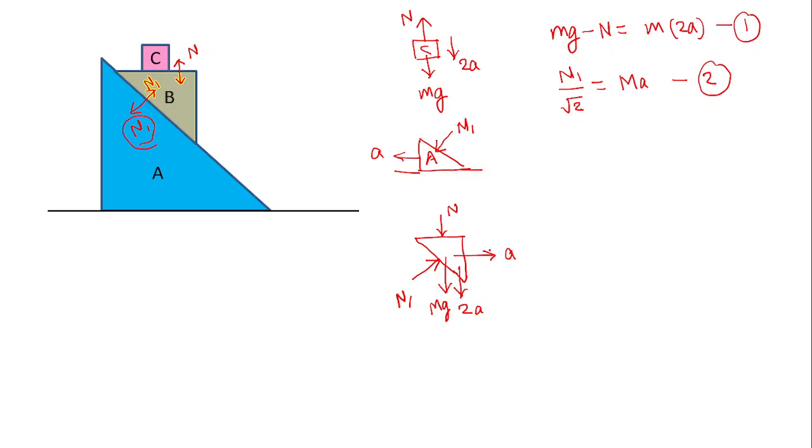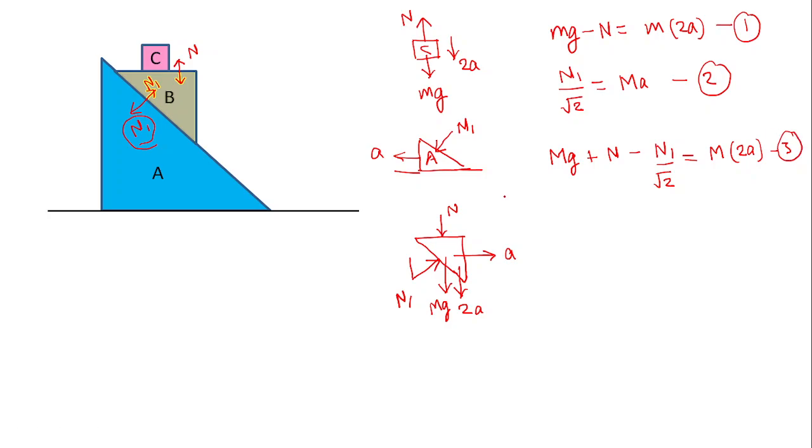Okay. Now, you equate the vertical forces. Vertical forces are what? Mg plus top force N minus N1 by root 2, this component, is equal to what? Downward we are calculating, so it should be M times 2a, M times 2a is the acceleration. So, this is the third equation.